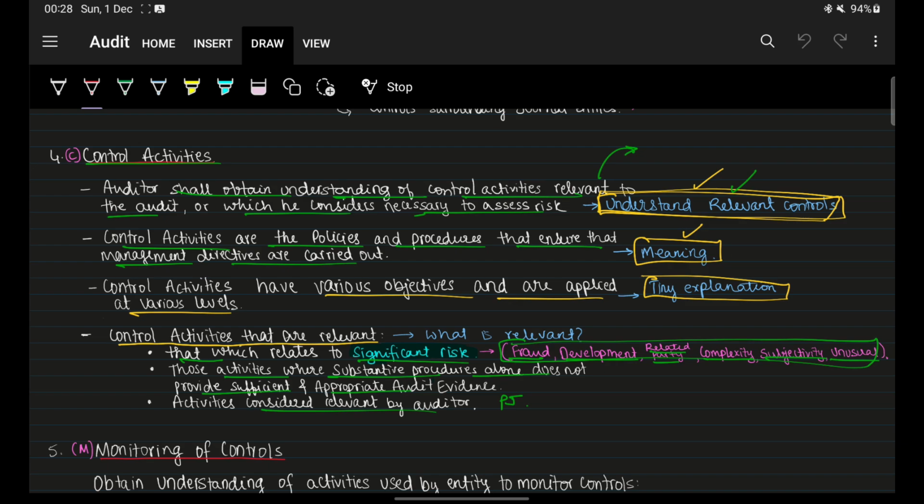Firstly, if it relates to significant risks, then obviously it is something the auditor should gain an understanding about. The second subpoint is that if the auditor is unable to obtain sufficient evidence through his own procedures, then he can rely on this as well. The third is anything that the auditor considers relevant. Fairly simple. We'll just go off screen and try to memorize these points.